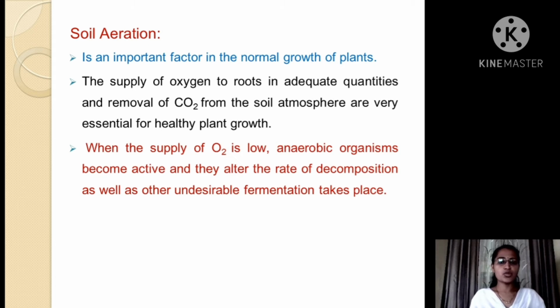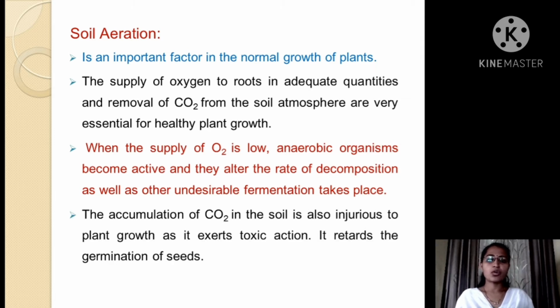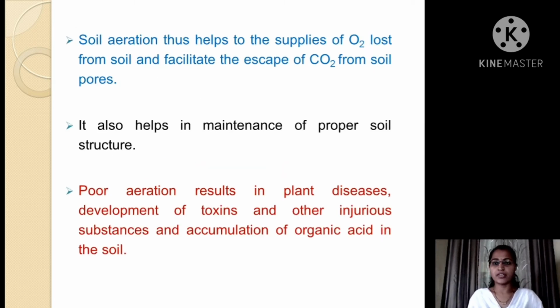When the supply of oxygen is low, anaerobic organisms become active and they alter the rate of decomposition, and other undesirable fermentation takes place. The accumulation of carbon dioxide in the soil is also injurious to plant growth as it exerts toxic action. It retards the germination of seeds also. That means it is a very important factor.